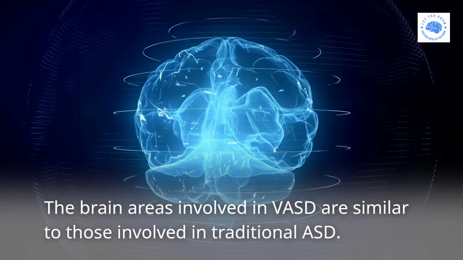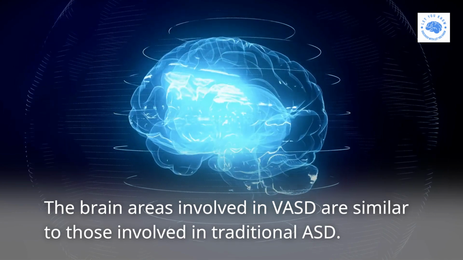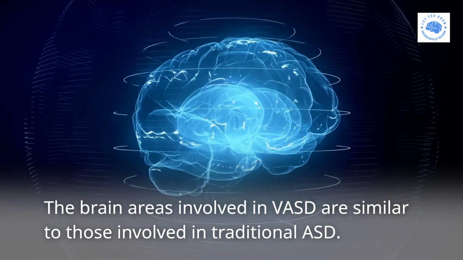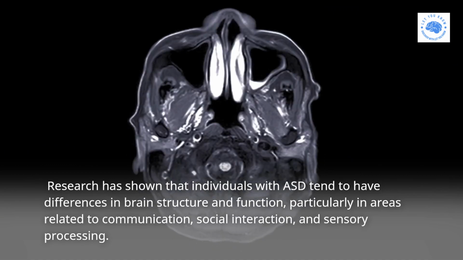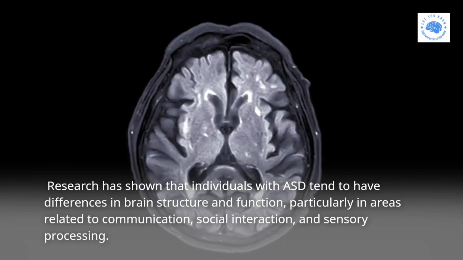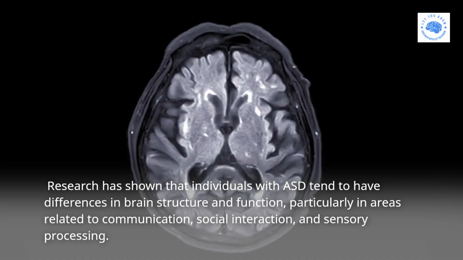The brain areas involved in VASD are similar to those involved in traditional ASD. Research has shown that individuals with ASD tend to have differences in brain structure and function, particularly in areas related to communication, social interaction, and sensory processing.